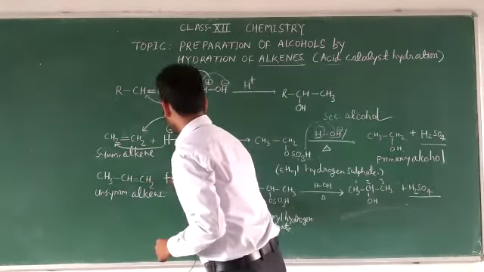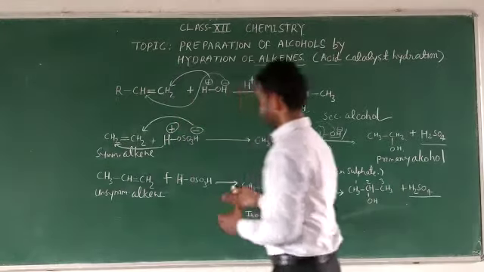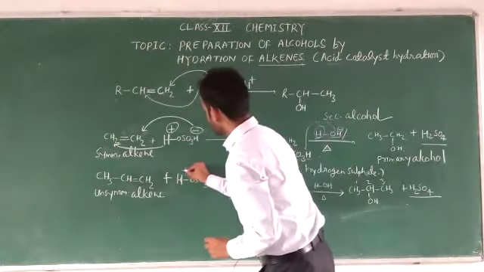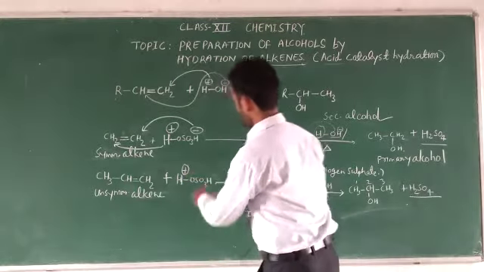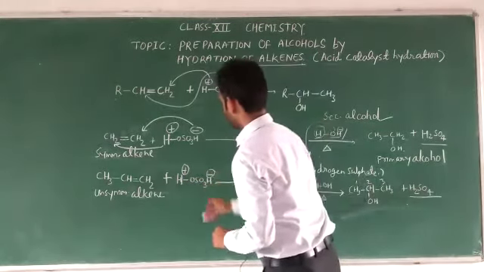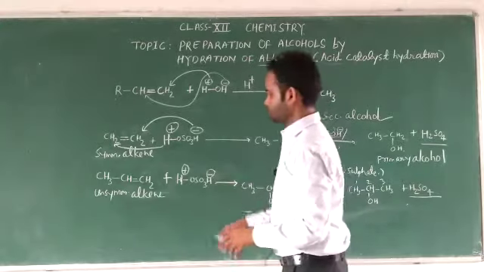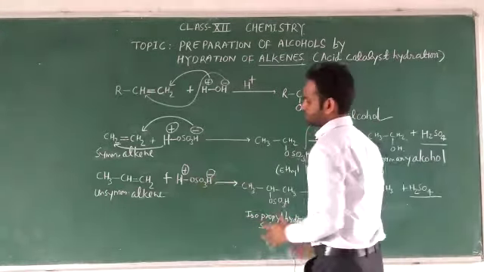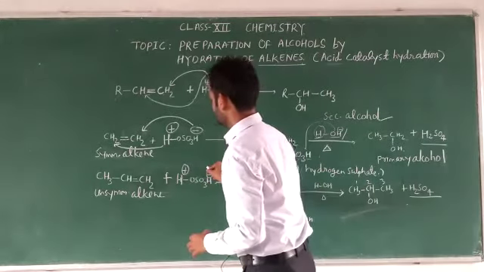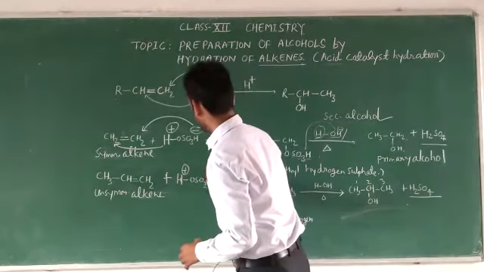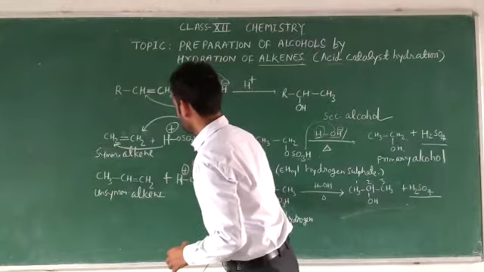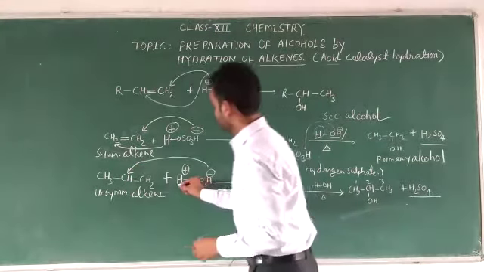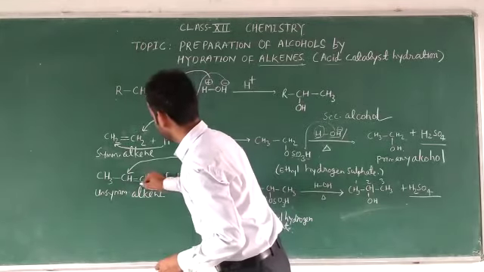We introduce it with H2SO4, dissociated into H+ and OSO3H negative parts. As per Markovnikov's rule, the negative part of the acid will attach to the carbon atom which has fewer hydrogen atoms.